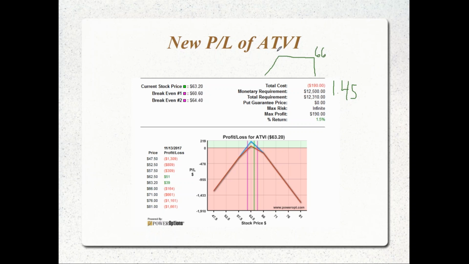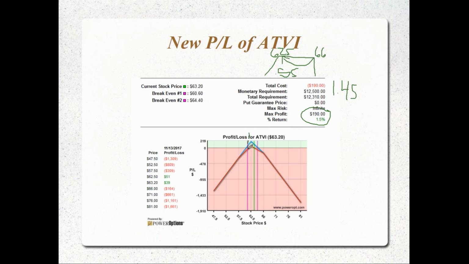That was our original net credit. The idea of going into an inverted strangle, which I haven't done yet, I've sort of created an inverted straddle here, but really just a straddle. It's a better term. But by rolling the call down the non-threatened side, we got an additional 55 cents of net credit. So now I'm at $1.90 net credit for this position on ATVI.